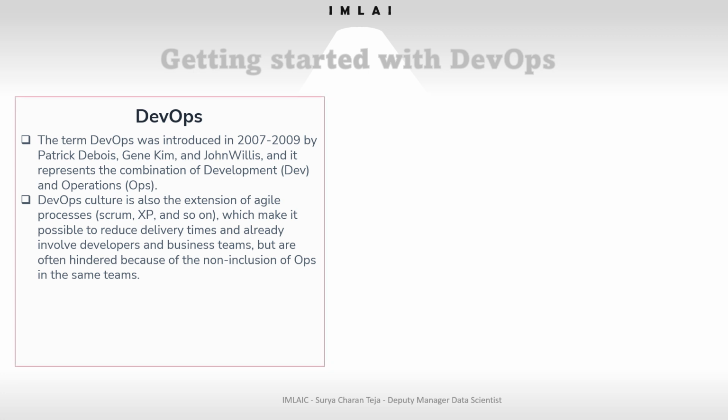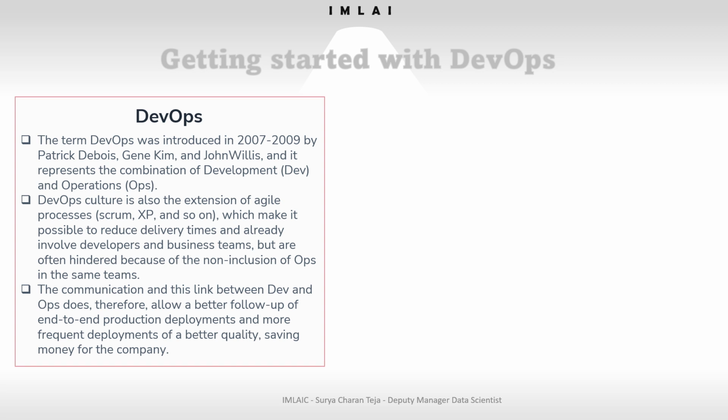DevOps culture is also the extension of agile processes such as Scrum, XP, and so on, which make it possible to reduce delivery times and already involve developers and business teams, but are often hindered because of the non-inclusion of ops in the same teams.